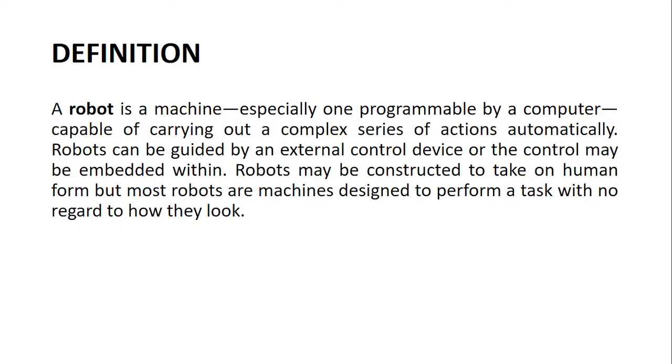In that case, the robot doesn't have any similarity with a human being. Most robots are not humanoid robots. They're not constructed to take a human form, but robots are machines designed to perform tasks with no regard to how they look. This is the definition of a modern robot.